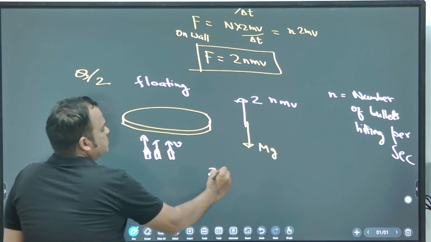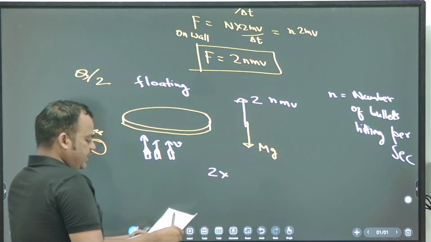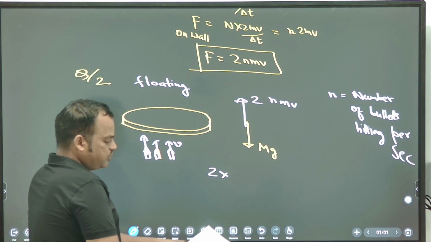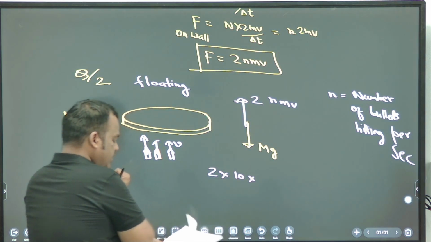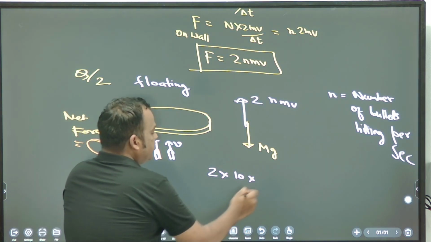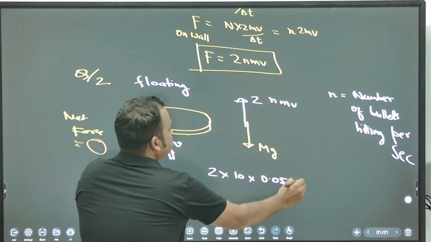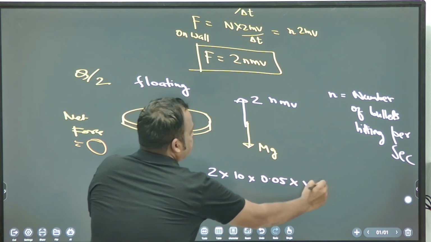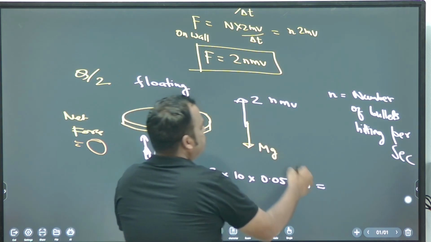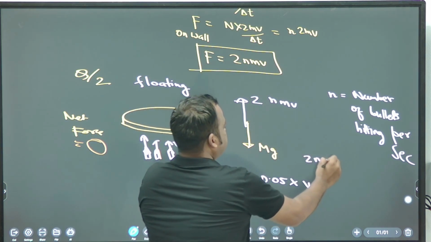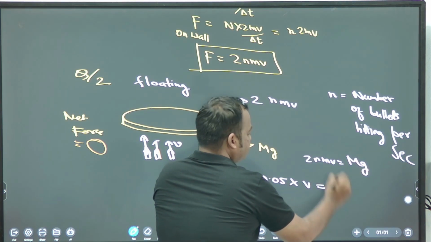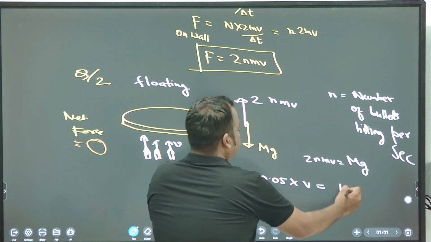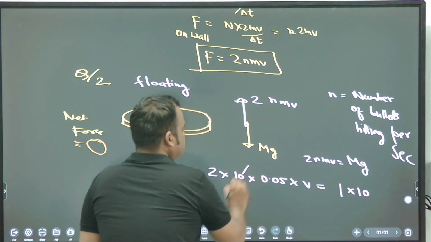So this is 2n. Now what is small n? A rate of 10 per second. So 2 into 10 into mass of bullet 0.05 kg into V is equal to capital M into g, where capital M is the mass of the disc, so 1 into g. Solve this.